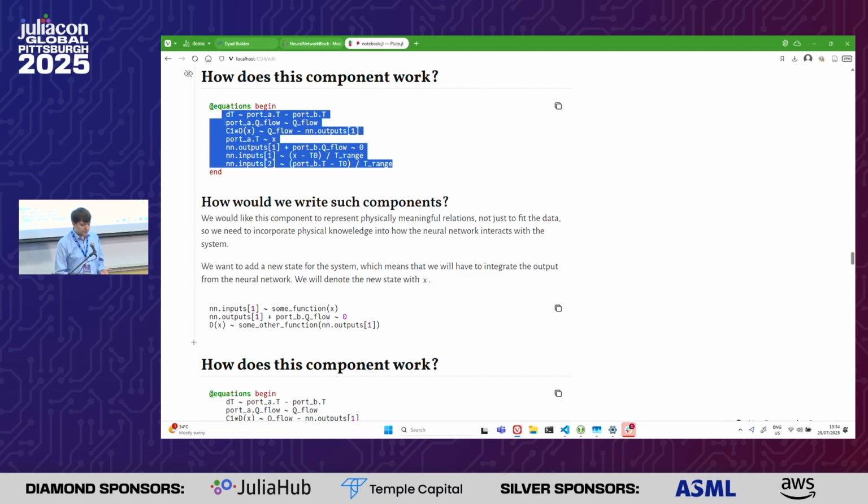One of the important physical constraints was that at steady state, you want the system to be conservative. So there is some physical intuition that gets into building this, and this then constrains the way that the neural network interacts with the rest of the system.